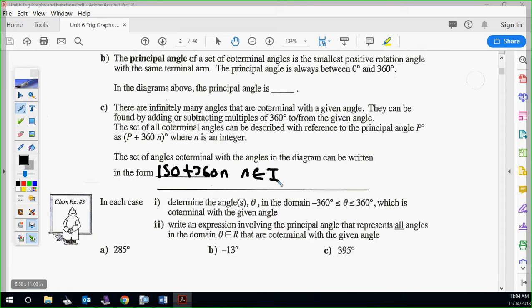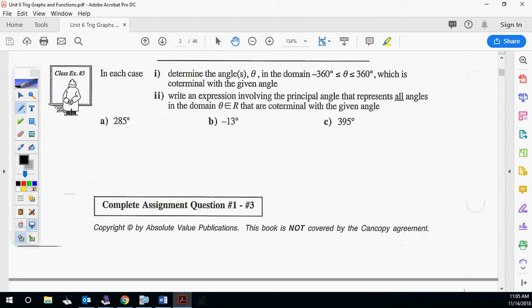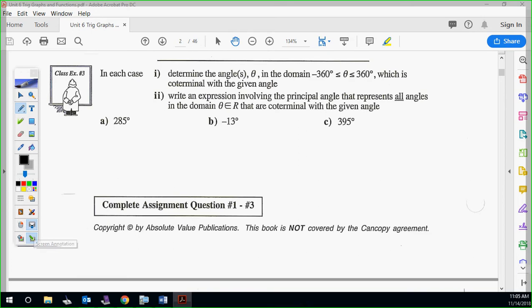So it says determine angles theta in the domain between -360 and 360 which are coterminal to the given angle. Write an expression involving the principal angle that represents all angles in that domain. Okay? So what we're doing is, 285 is the positive one. What's the negative to land on that spot?